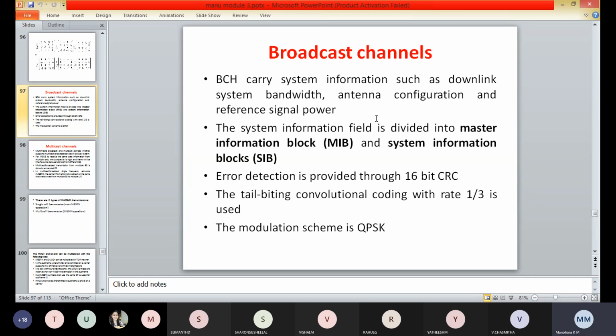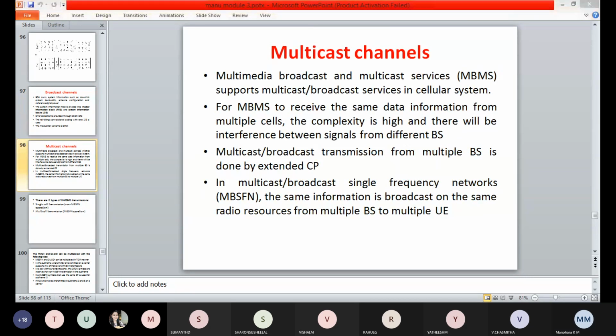So which modulation scheme are you using for the broadcast channels? Anyone?